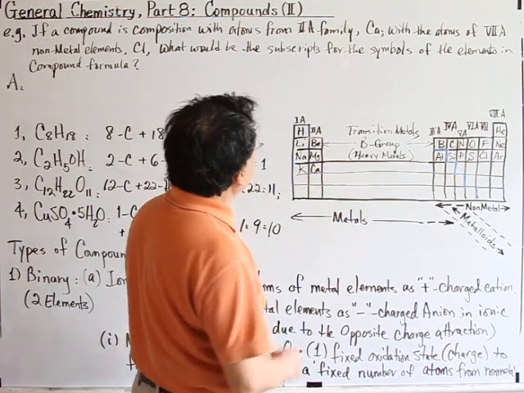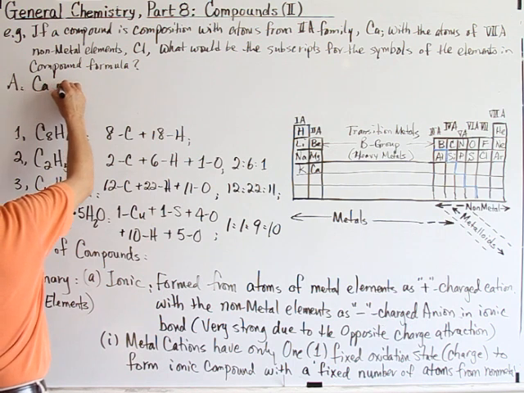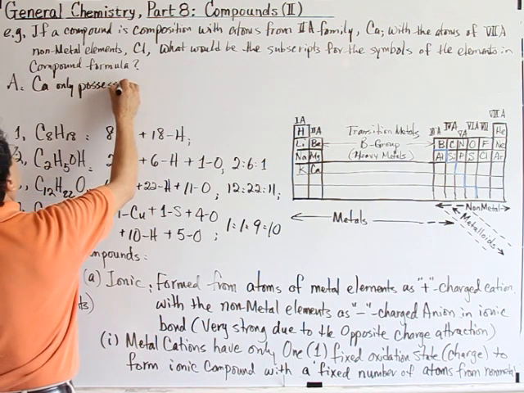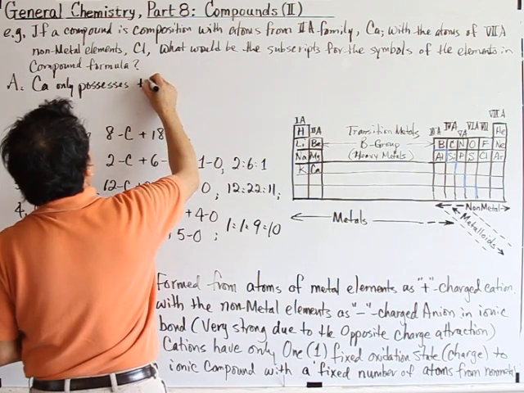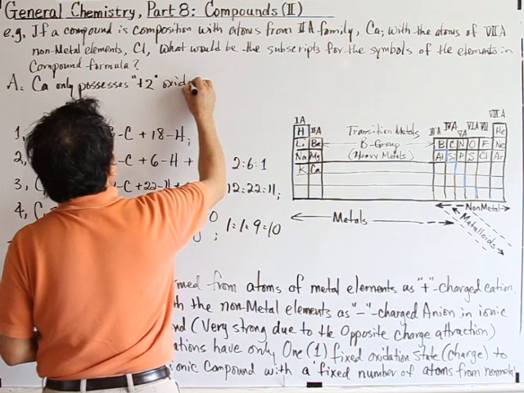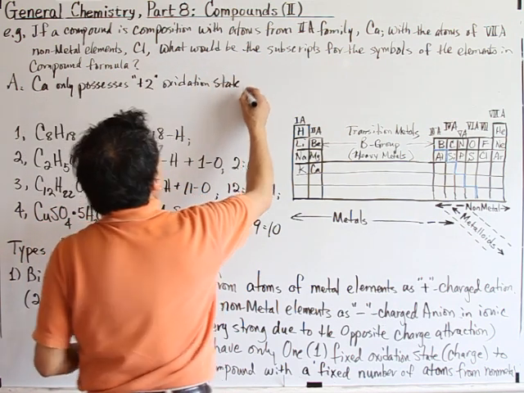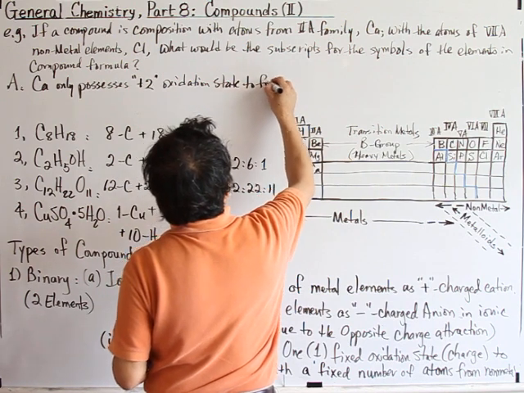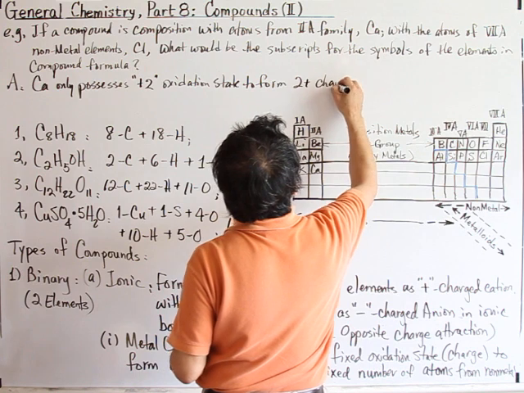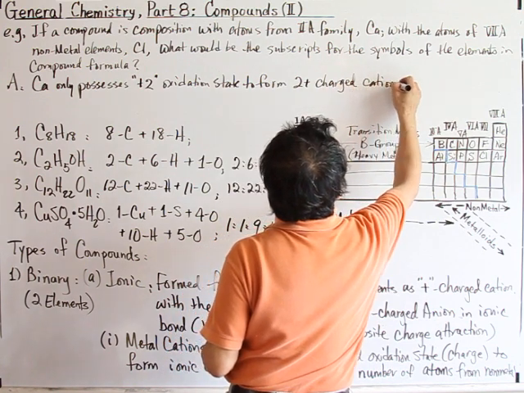So calcium only possesses a +2 oxidation state, to form a 2 plus charged cation, right?